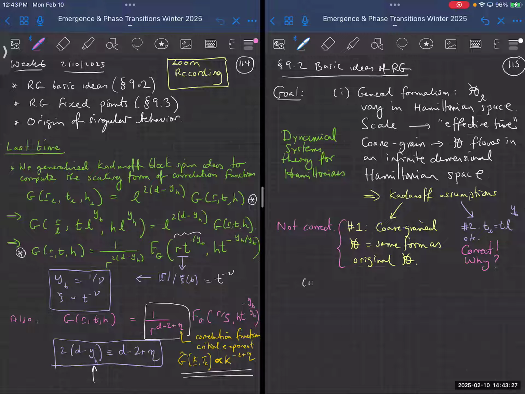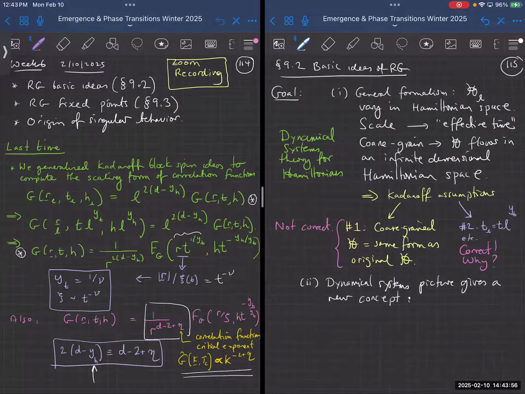So we're also going to get that, because the dynamical systems picture gives a new concept, and that new concept is the idea of a fixed point.